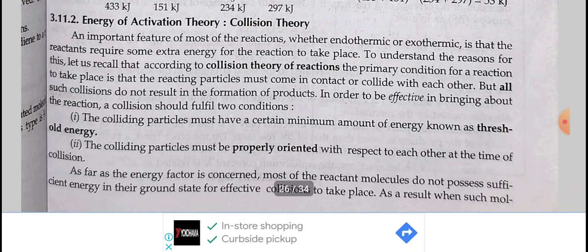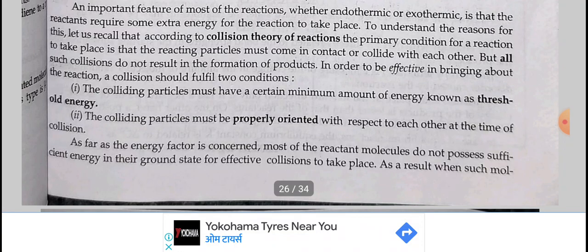Energy of activation, collision theory. An important feature of most reactions, whether endothermic or exothermic, is that the reactants acquire some extra energy for the reaction to take place. To understand the reason for this, let us recall that according to collision theory, the primary condition for a reaction to take place is that the reacting particles must come in contact or collide with each other.